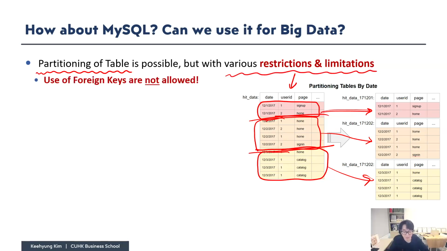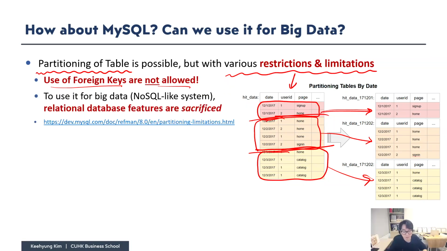So something like this is a very critical restriction: use of foreign keys is not allowed when you partition your table. That's one of the really critical restrictions, because if you cannot use a foreign key, you are not able to use a join in SQL. So you have to use MySQL like NoSQL; you cannot use MySQL like a relational database.